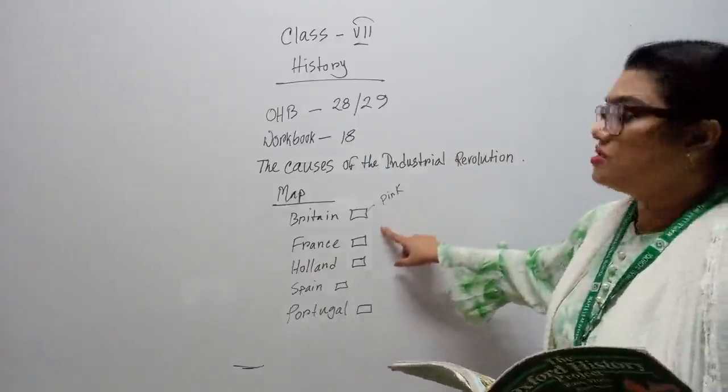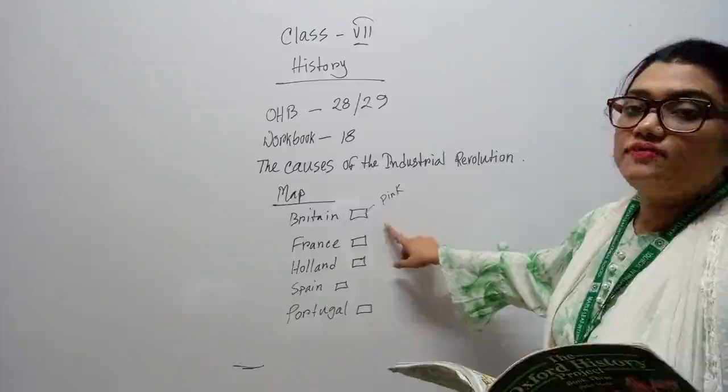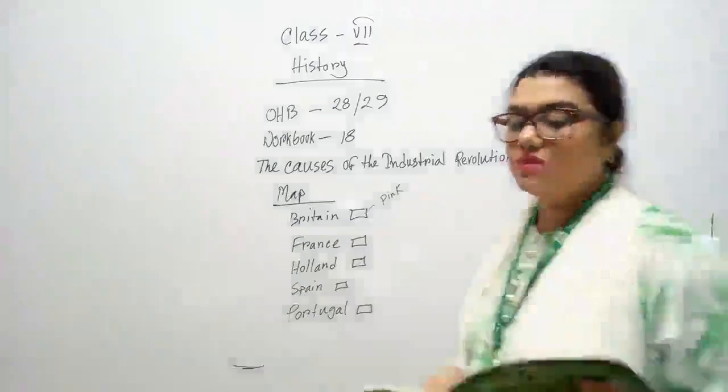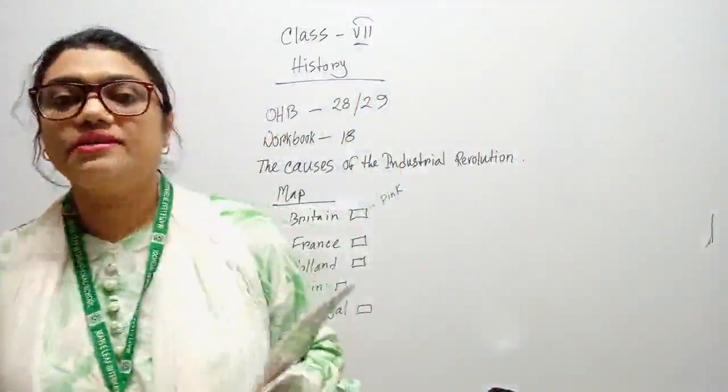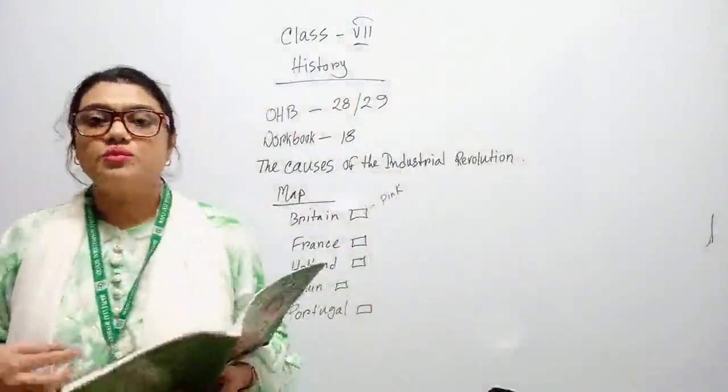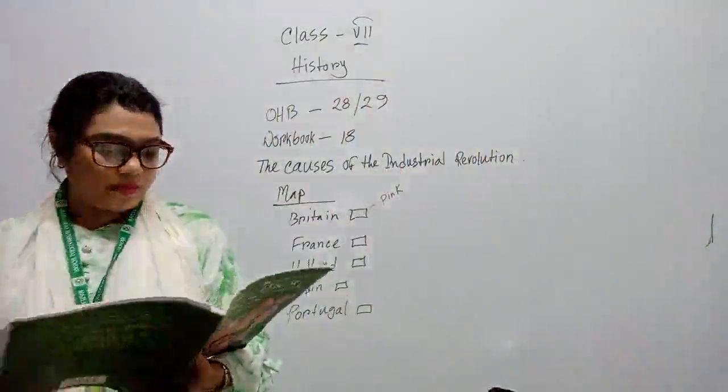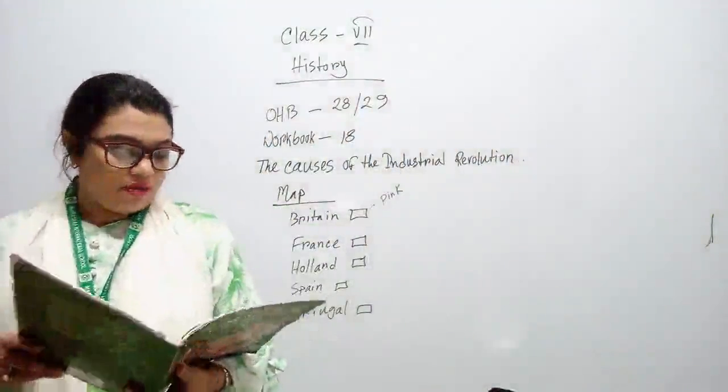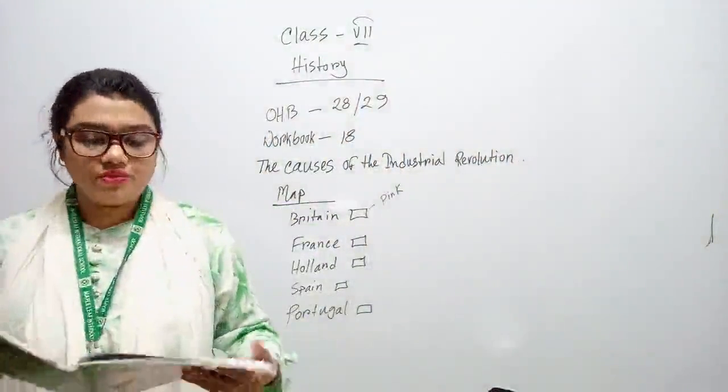If the labeling is wrong, you will get half of the mark. So it is very important that you color the map properly, and the labeling is also equally important. I hope this map is clear to you.